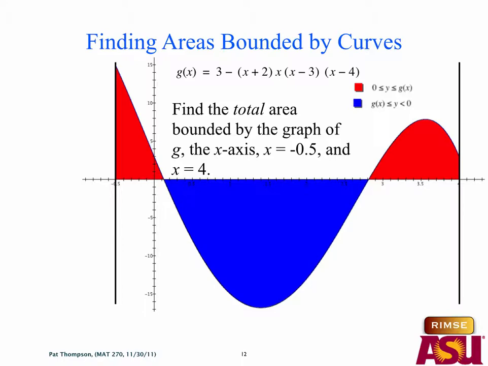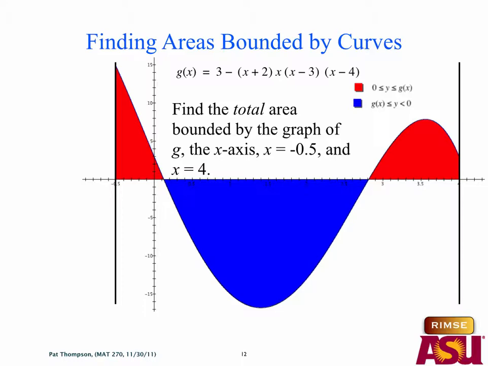I can find the area from -1/2 until this point in the normal fashion by taking the integral from -1/2 until this x value. But then here, if I were to just take the integral from here to here like I normally do, I'm going to get a negative output. A negative value will come out of that integral.